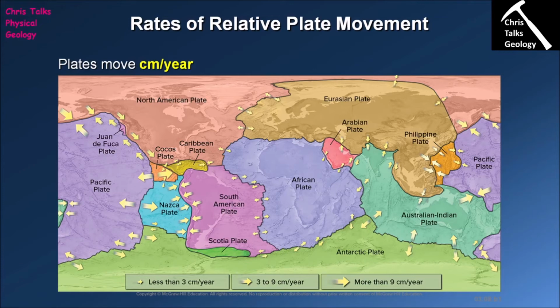Now, this is one of the factors, therefore, that helps to explain the movement of some of the pieces of crust. Because think about it. If all the convergence and all the divergence was happening at a constant rate, it would mean that crust would be made and destroyed equally fast. And so this would mean the continents would pretty much sit where they are. They wouldn't really go anywhere.